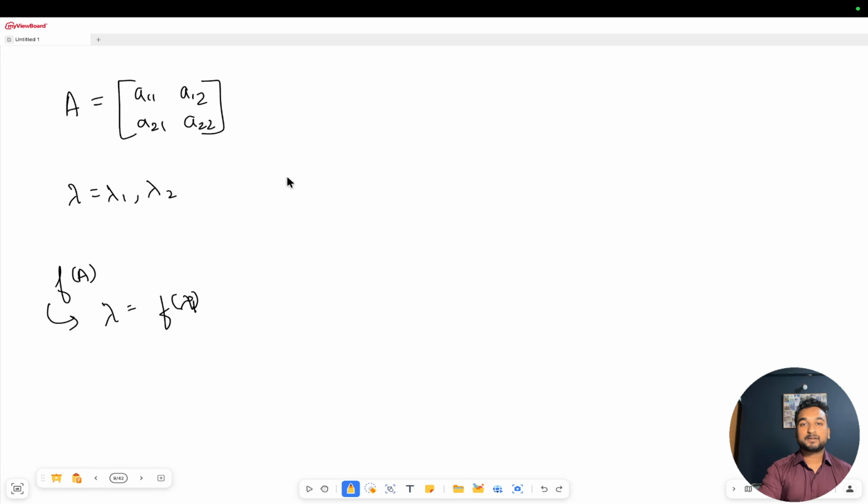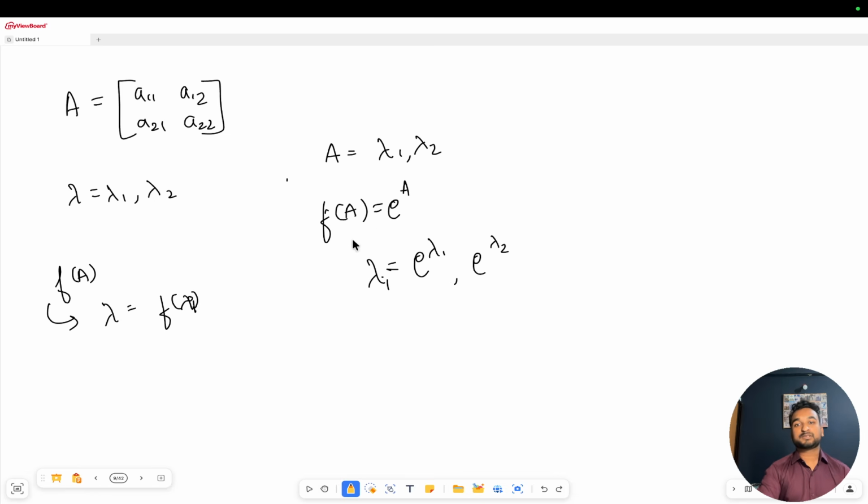For example, if A is some matrix and I take f of A as e to the power A, and A has eigenvalues lambda 1 and lambda 2, the eigenvalues for this f of A will be e to the power lambda 1, e to the power lambda 2. This is a property.